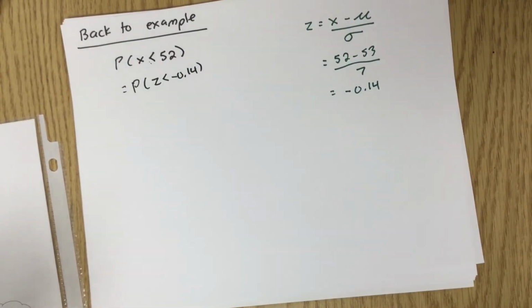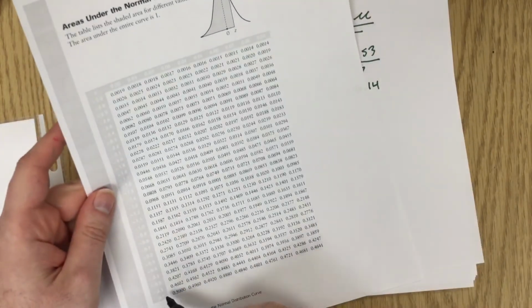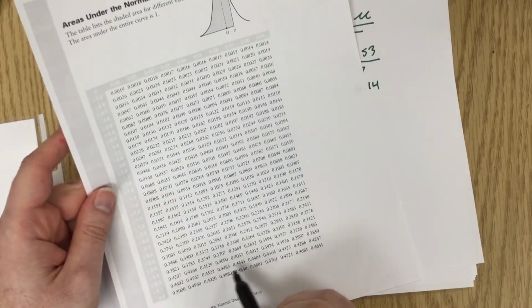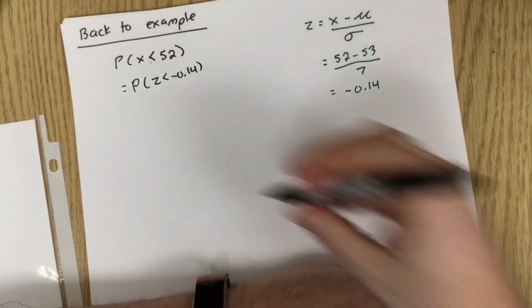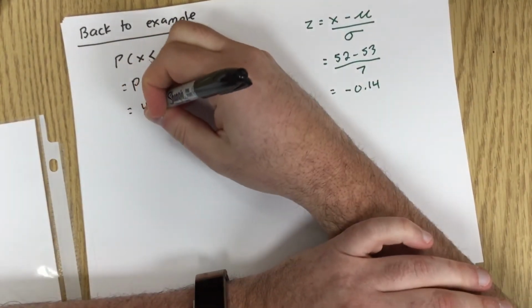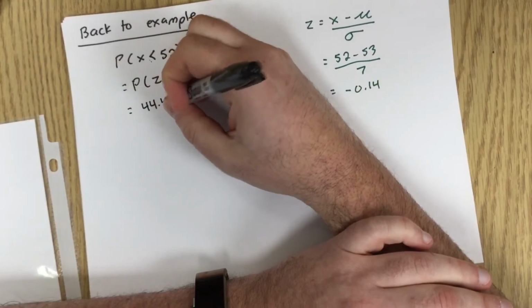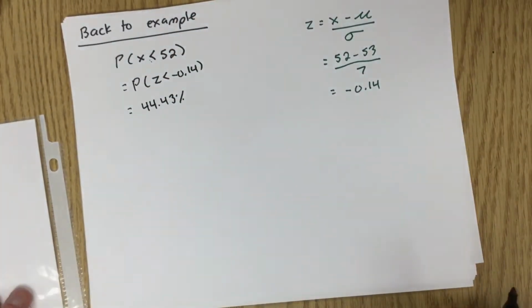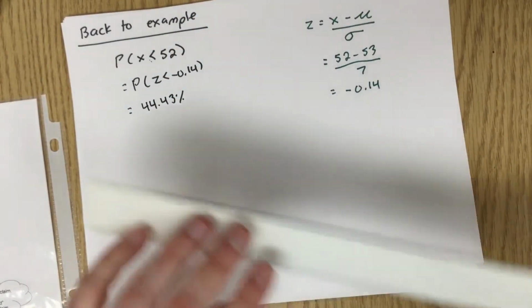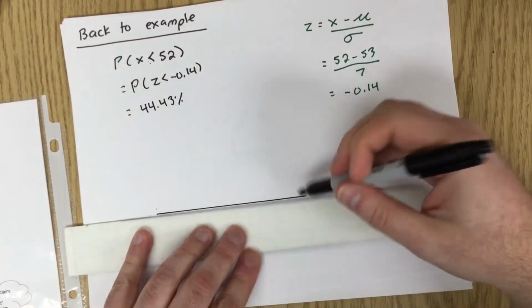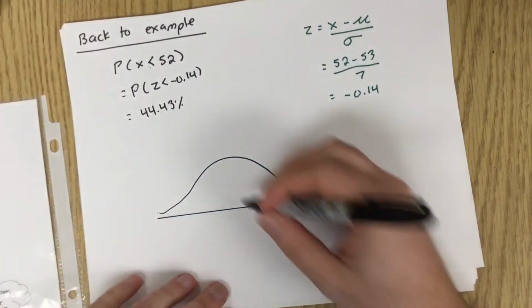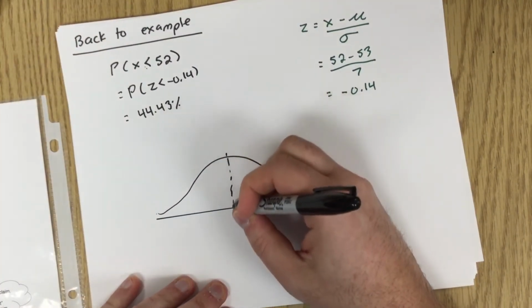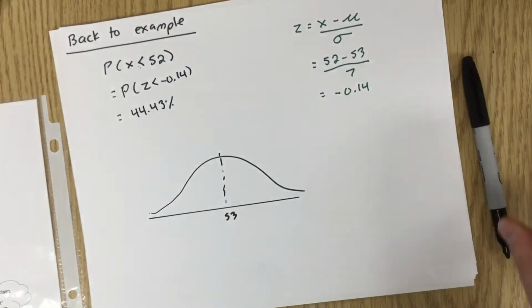And we're going to grab our handy dandy z-score chart. And negative 0.14 gives 0.4443, and that's going to be 44.43%. So the probability of it being in that zone, let's draw a little picture here. So our mean is 53.